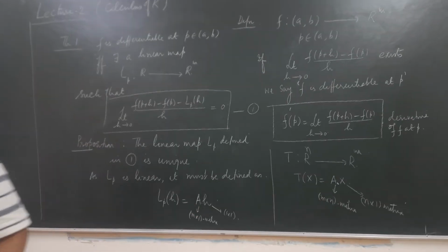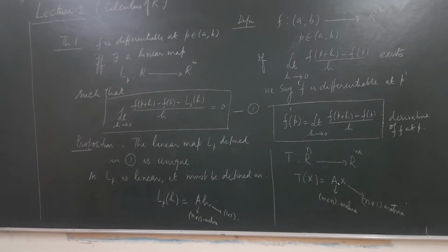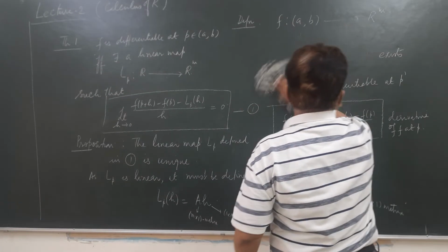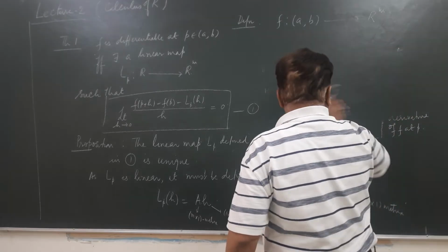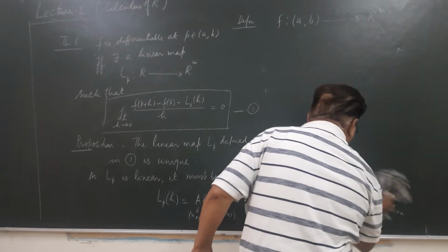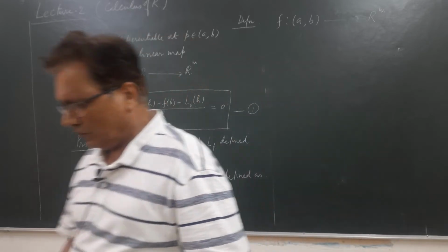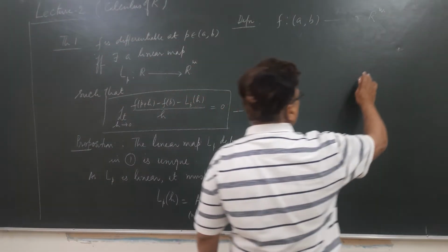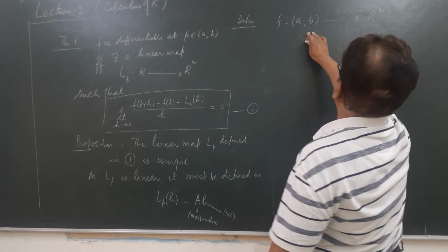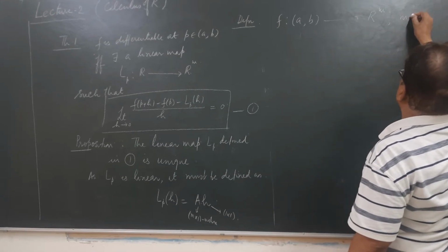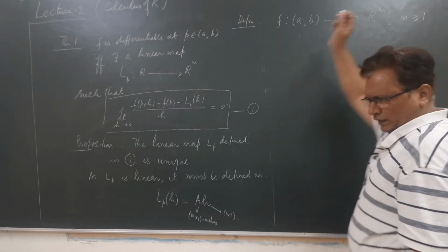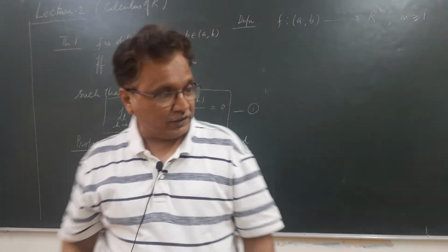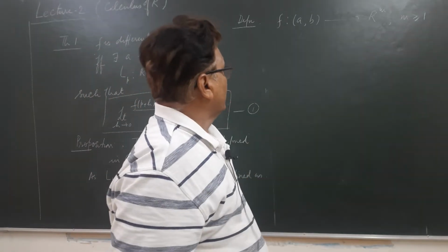Okay. Since I was talking about the derivative here, let me recall what this A is. In fact, since f is a map from here to here, here m is greater or equal to 1. In fact, the case of one dimension is also taken care of.